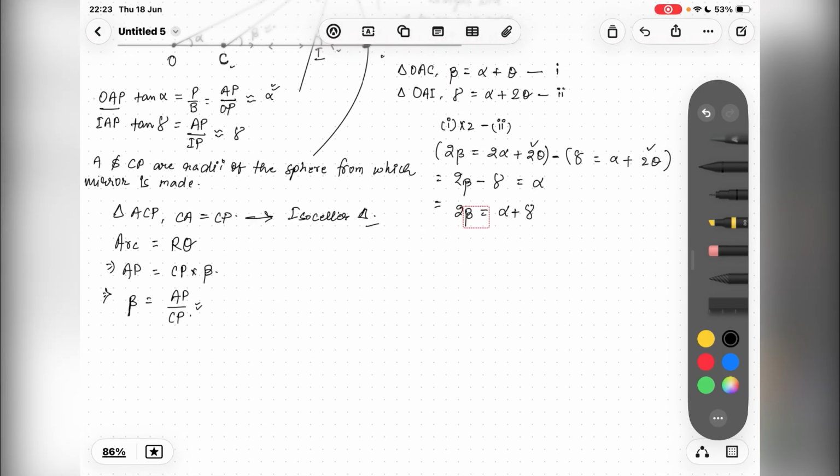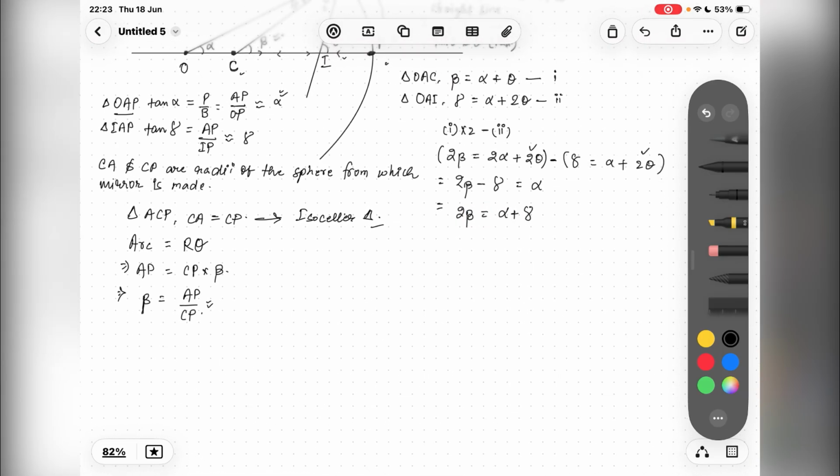And let's see what we have. For beta we have AP by CP. So 2AP by CP equals, for alpha we have AP by OP, equals, for gamma we have AP by IP.